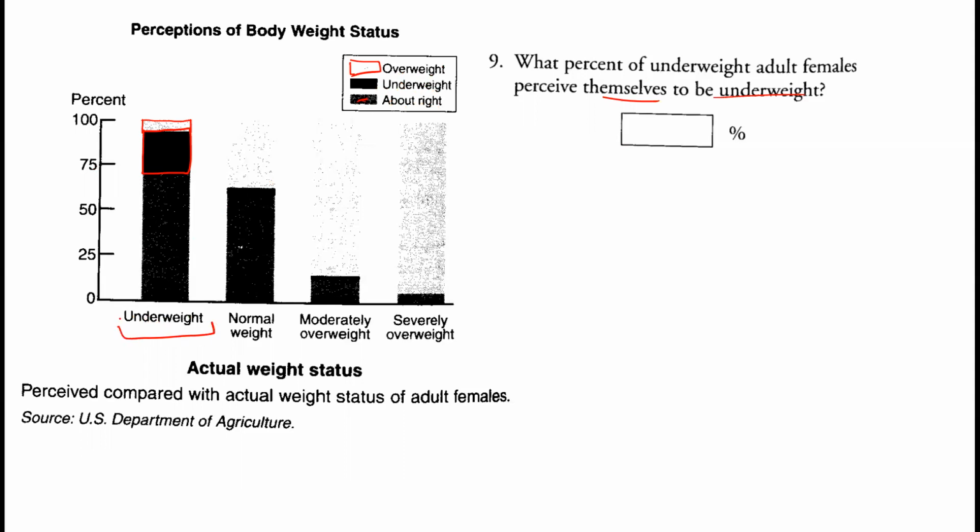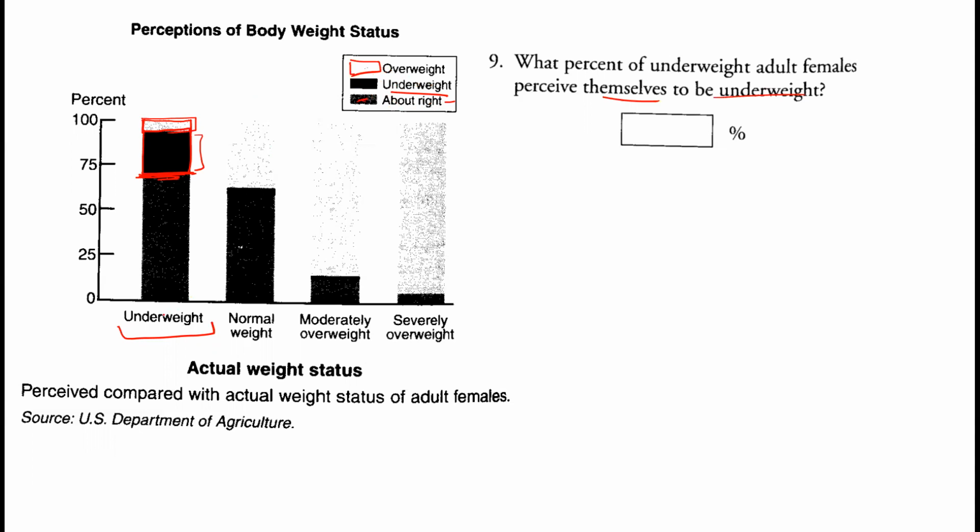So if the female is underweight, there's a very high chance that she perceives herself to be underweight, right. There's this percentage that she perceives herself to be underweight, and a small percentage who feel that they are overweight.